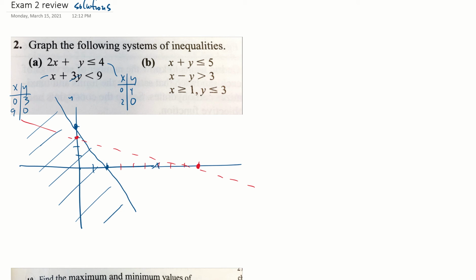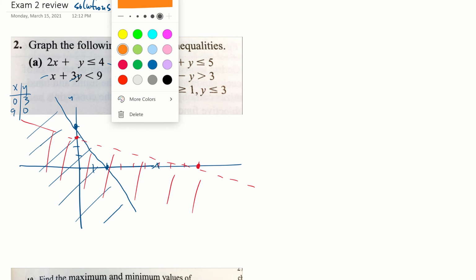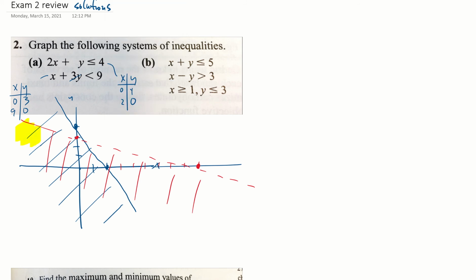If I plug 0, 0 in, 0 plus 0, 0 is less than 9 for sure, that's true, so I'm going to be shading down. The double shaded area is the solution, which is going to be all of this. Let's just go with yellow. Do you guys see that? So it's all this region down here. It goes on forever that way, right?